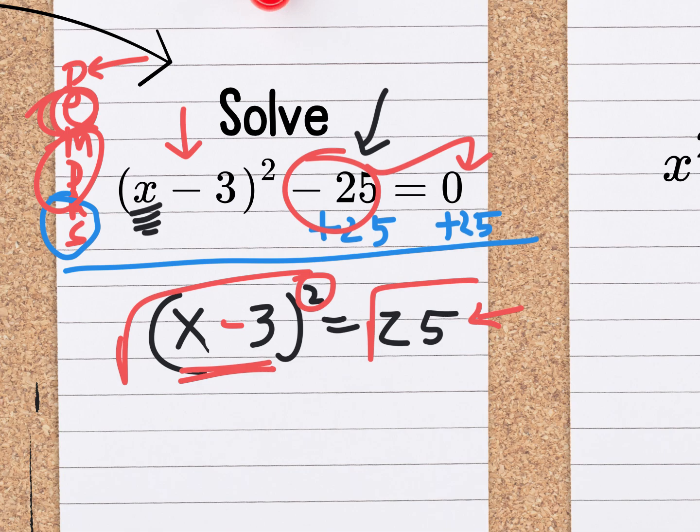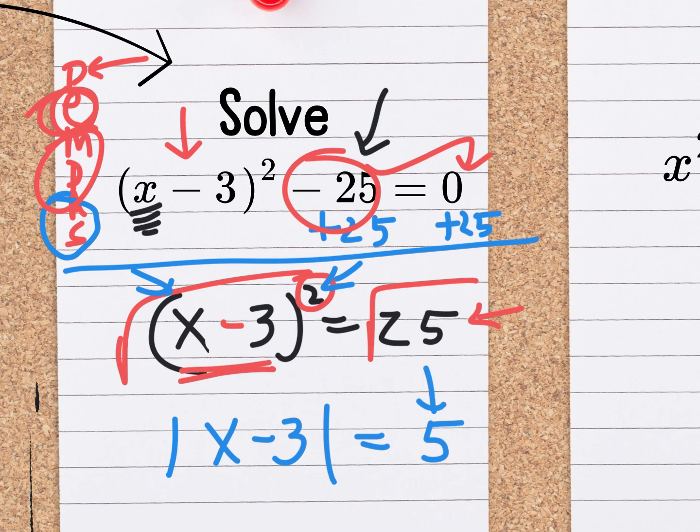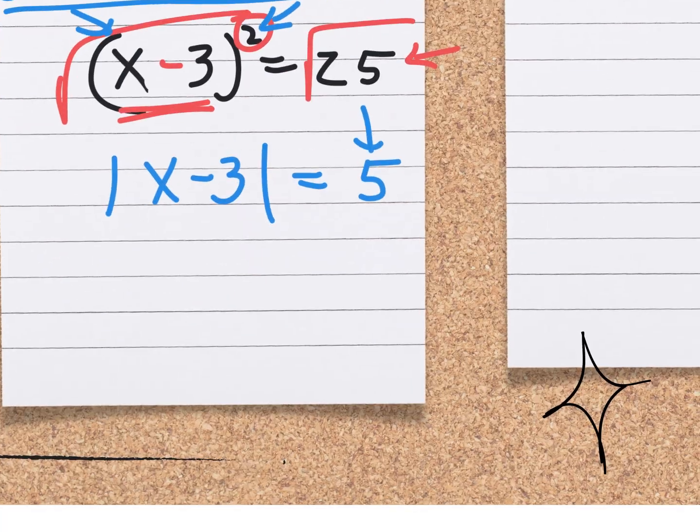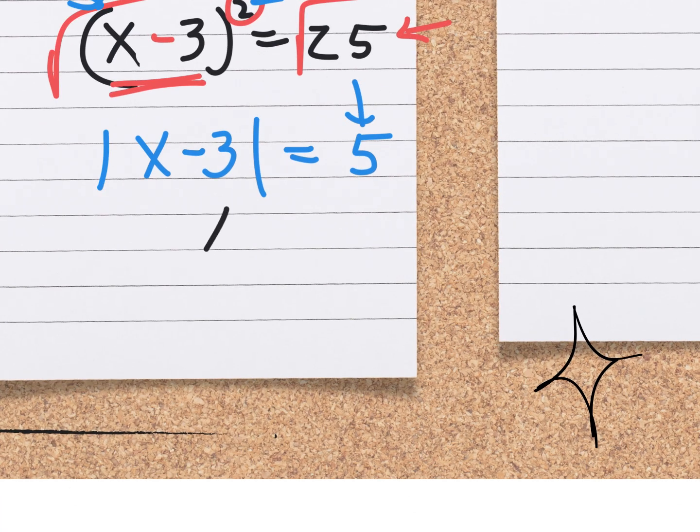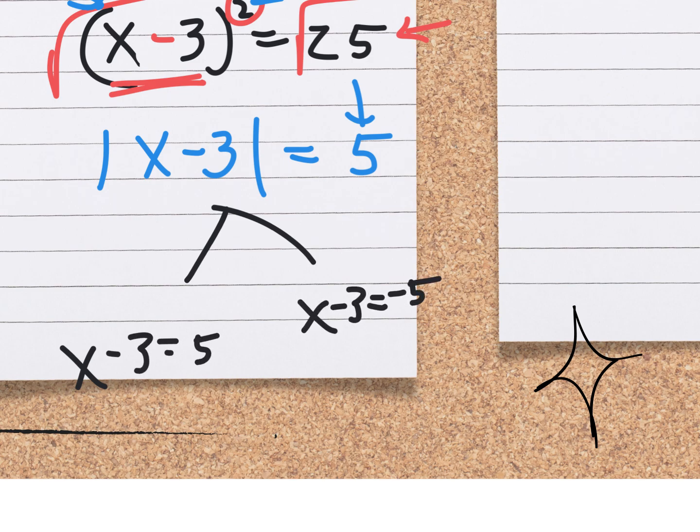All right, so square root undoes squared, and this is absolute value. So important. Square root of 25 is 5, and it's only one thing. No, it's not plus and minus 5. That would be wrong. Square root of 25 is just 5. And then you split it into two equations. X plus 3 is 5, and x plus 3 is negative 5.